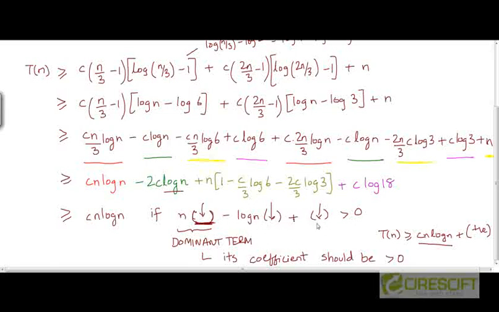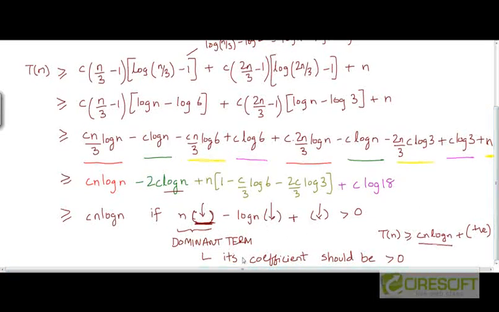These other two terms will become insignificant relative to the value of the dominant term for some large enough n. We are guaranteed of that, provided that this constant coefficient of the dominant term is greater than 0.